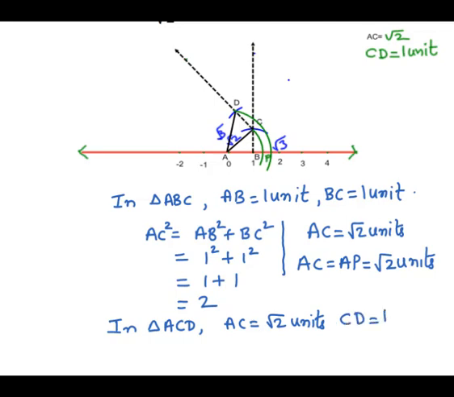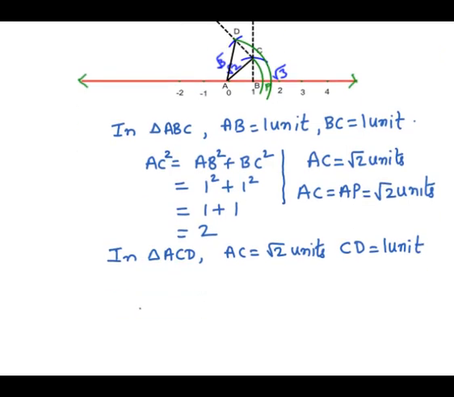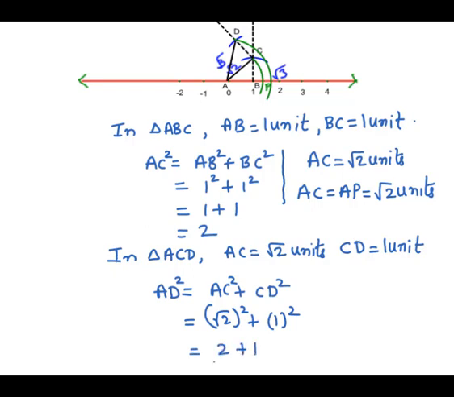CD is 1 unit, we have taken 1 unit, right? Now AD square equals AC square plus CD square. That is root 2 whole square plus 1 square. Root 2 whole square is 2, 2 plus 1 it is 3. AD square is 3, then AD value is root 3 units.